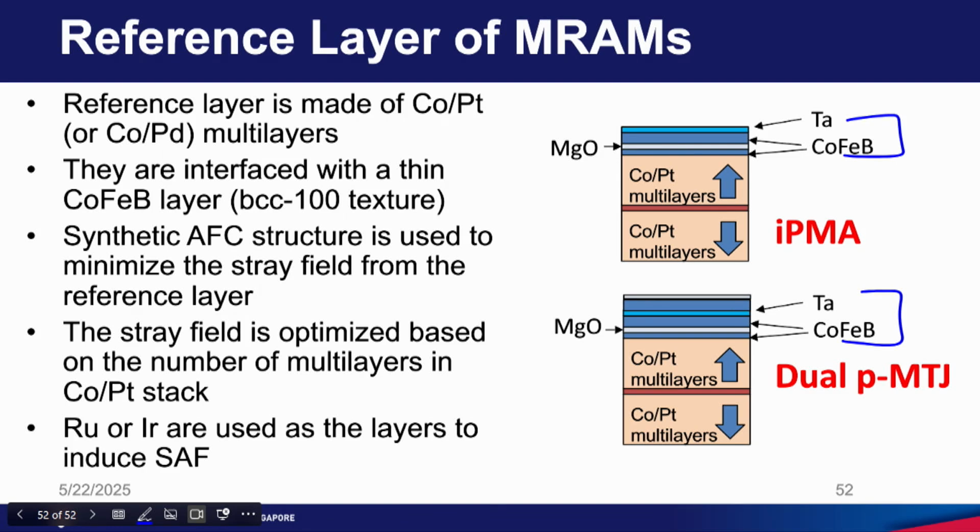The free layer is at the top in this particular design. Then we have some magnesium oxide. Then this whole thing starting from that blue layer on top all the way here is called the reference layer.